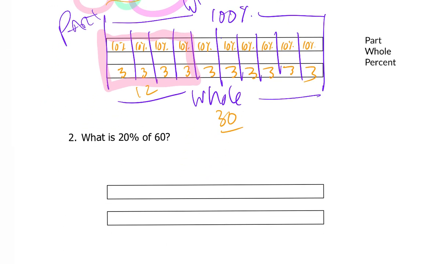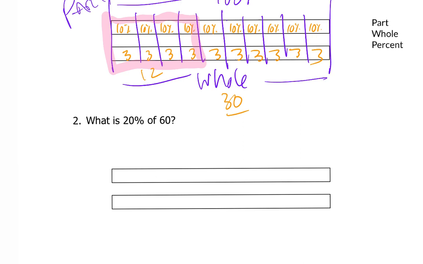Okay, then we look at this next one. And again, we're going to label things first. So we're going to say "is" is always attached to the part, and "of" is always attached to the whole, and the percent is always attached to the percent, right? So we know that this is the part, and that this is the whole.